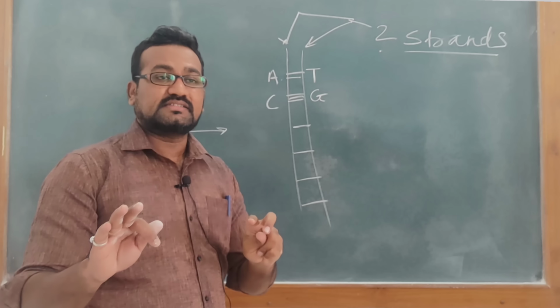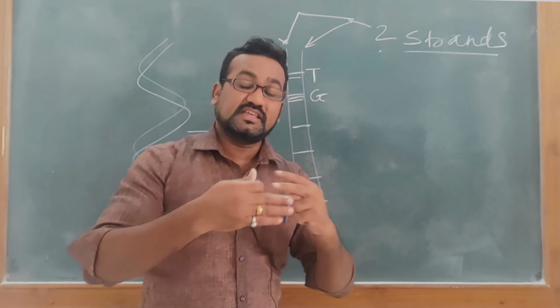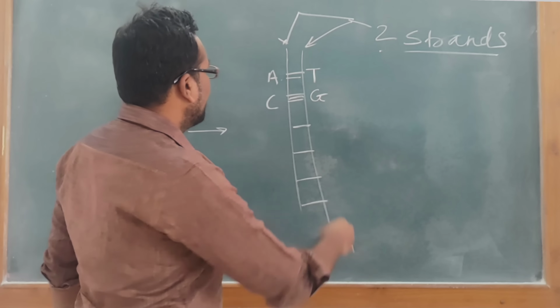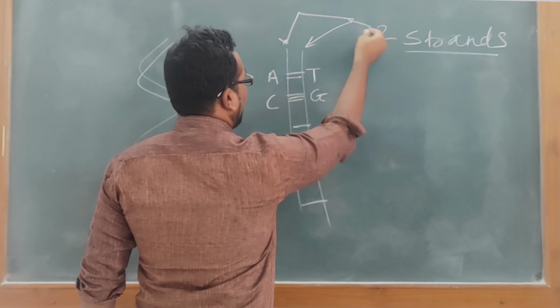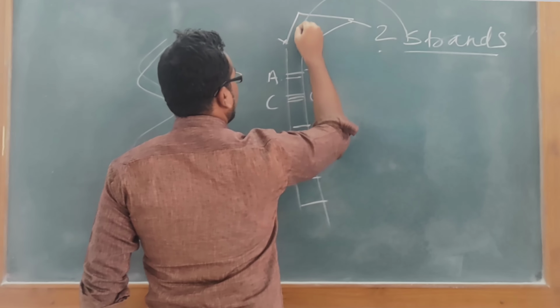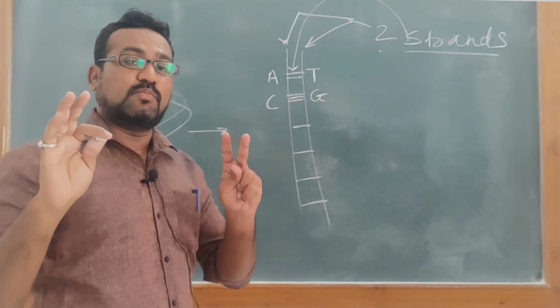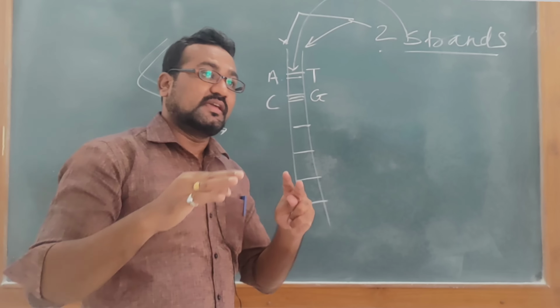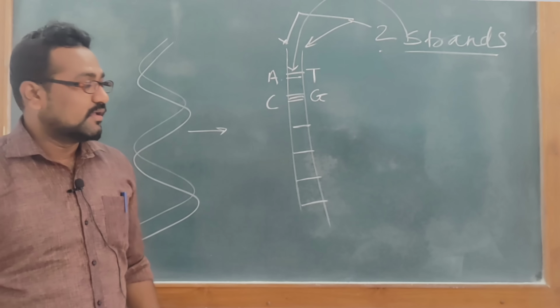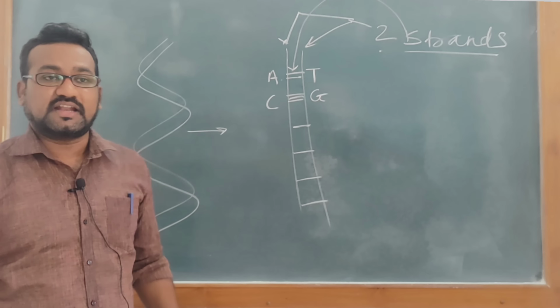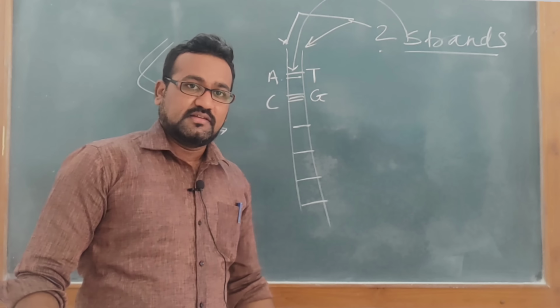These nucleotides are interacting with each other. Two strands are here, no doubt in that, but these two strands are held together by a specific type of bond, which is very important to understand here. Because if there is no bonding between these two strands, the strands will separate.